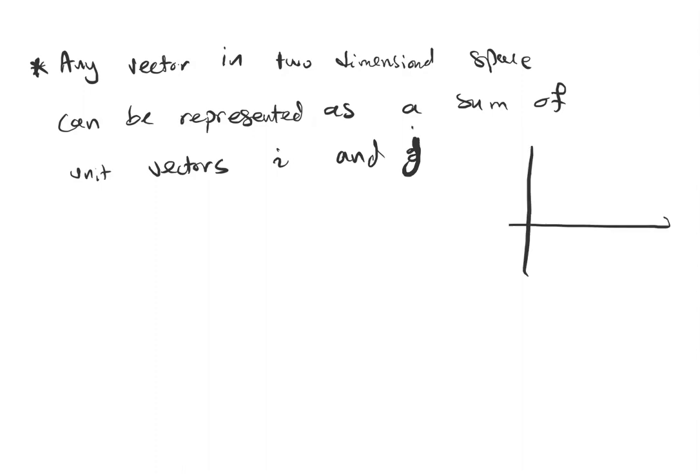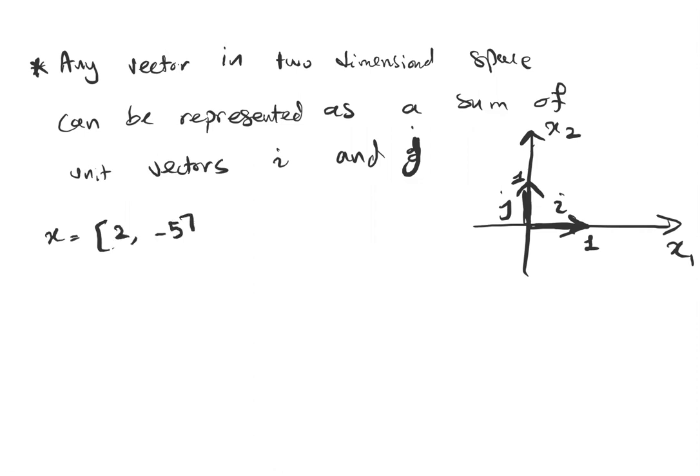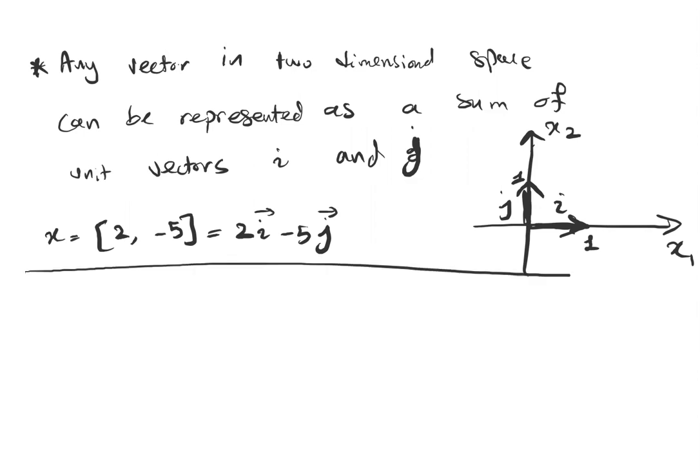If you remember, we said we can represent vectors as x sub 1 and x sub 2 in the two-dimensional space. So we call this one i with length of 1, and we call this one j, again with the length of 1. For example, vector x is equal to 2 and -5. We can represent this as 2 multiplied by i minus 5 multiplied by j. And i and j are vectors themselves. They have directions.